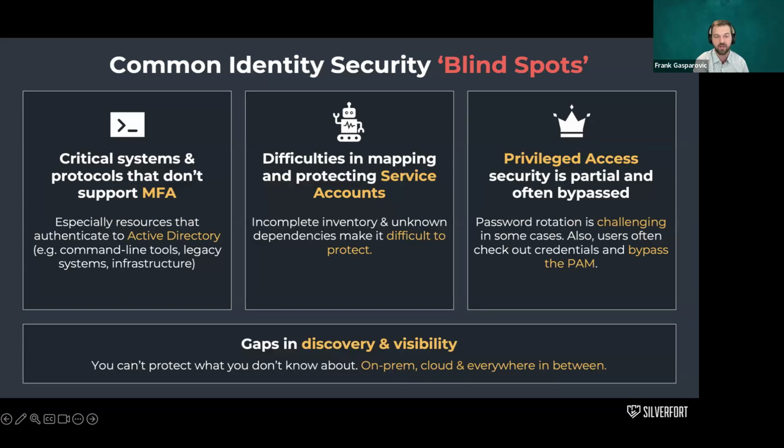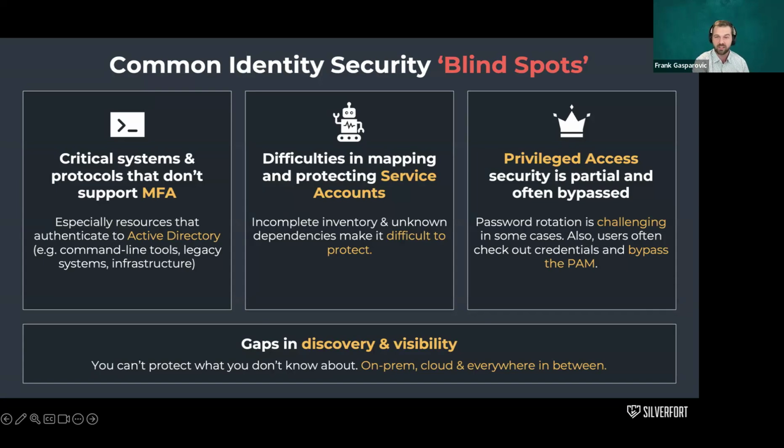The second blind spot is mapping and protecting these service accounts. Even just finding them at all and figuring out where they're being used can be a big challenge. And then from there, protecting at scale is almost impossible with existing tools, because if you change the service accounts, you could break an application that relies on them. The final blind spot is around securing privileged access. Many organizations use PAM solutions to manage privileged access and rotate these account passwords.